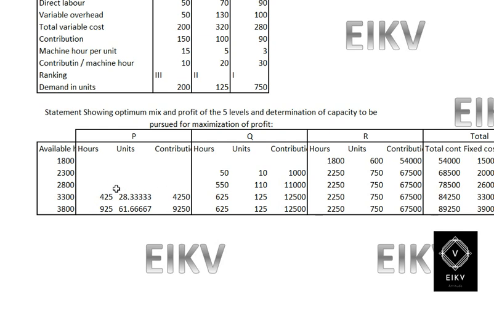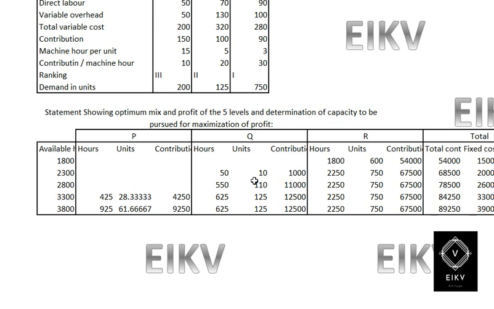Going ahead, next level is 2800 hours. If the hours is 2800 hours, we can produce the maximum quantity of product R, and then the remaining hours will be taken to manufacture product Q. That is 550 hours is there, therefore we can produce 110 units.